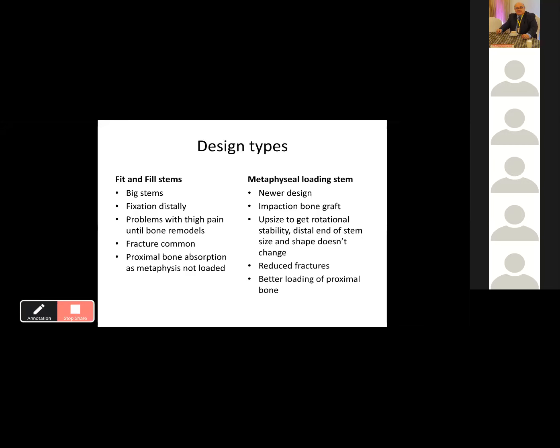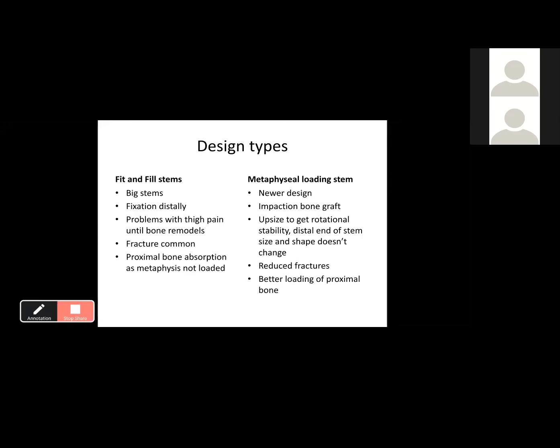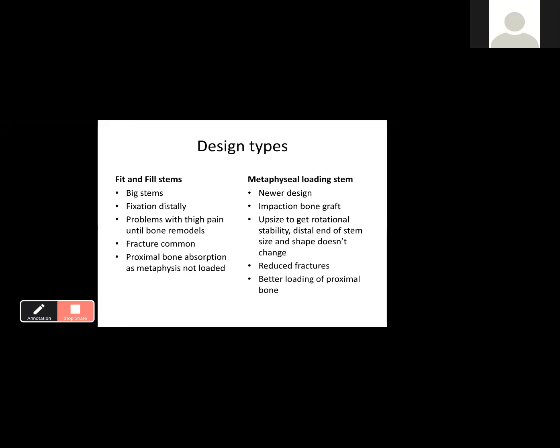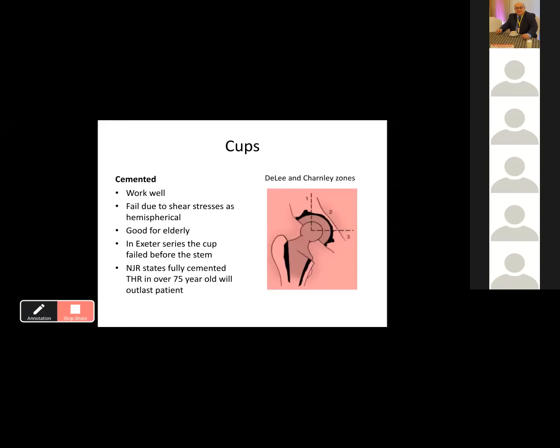What you're doing is upsizing in the metaphyseal region with each stem so that you get good rotational stability. The distal end of these stems have very minimal increases in size. This reduces the fracture, and also you load your bone better proximally.